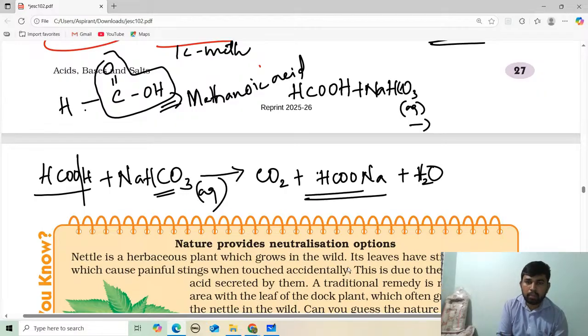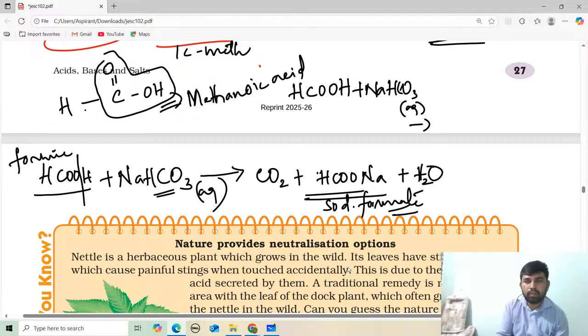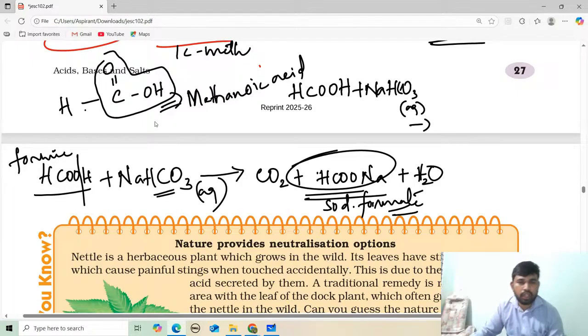Now the compound names: this is also called formic acid, so the name of the salt is sodium formate. Sodium formate formula is HCOONa. This is about neutralization reactions when an ant sting or honeybee sting is left in our skin.